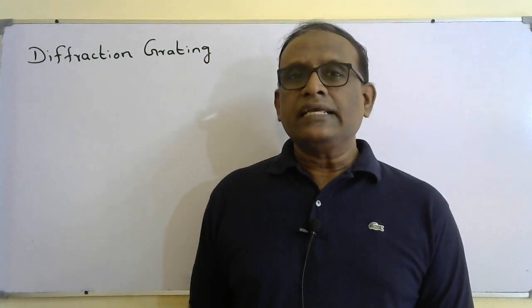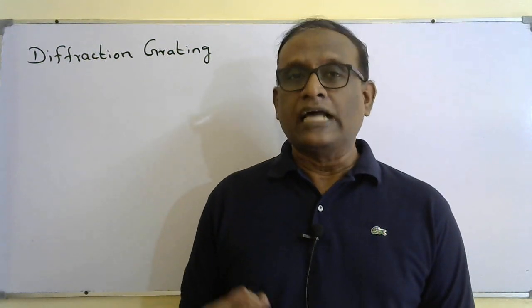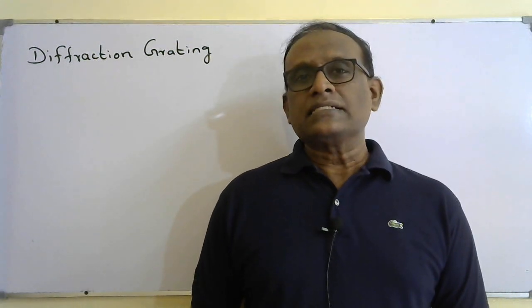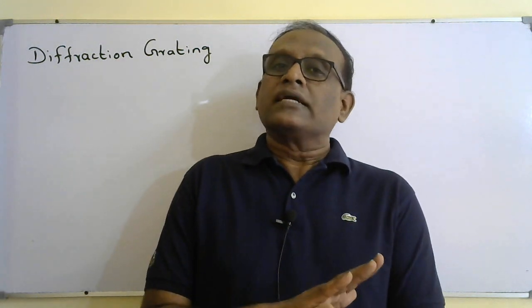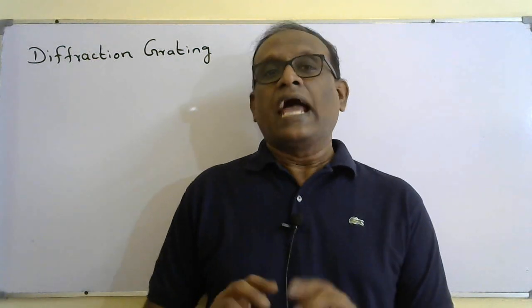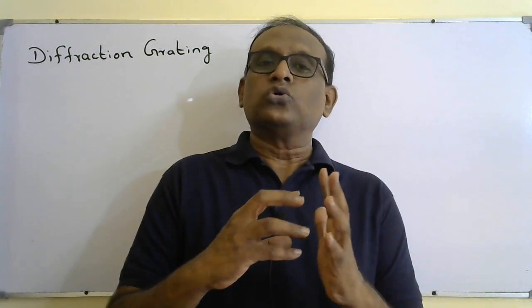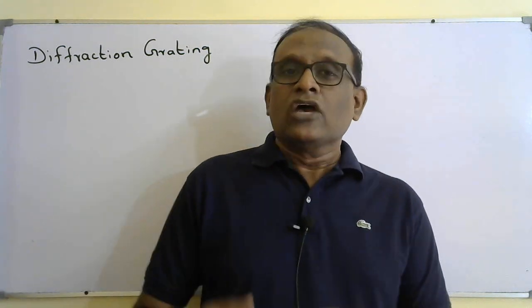We learned already in my previous lesson, the fifth lesson, about Young slit or double slit. Double slit means there will be just two slits on a non-transparent sheet, and light can pass through those slits and will diffract, and the diffracted waves will superpose.